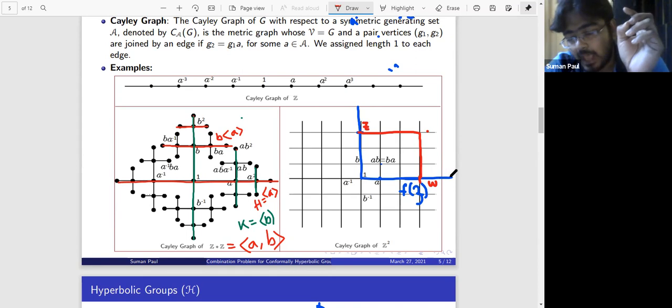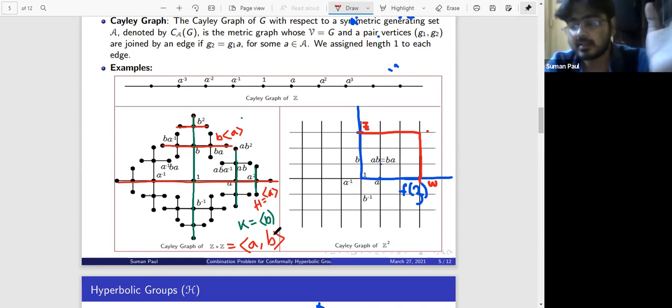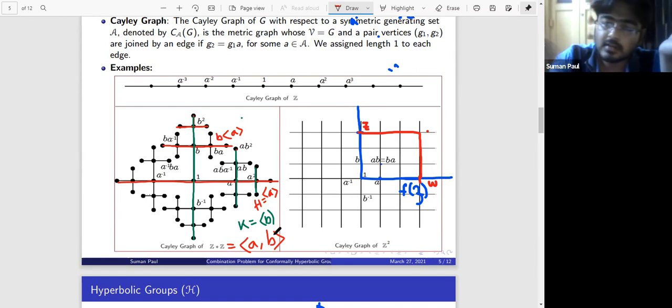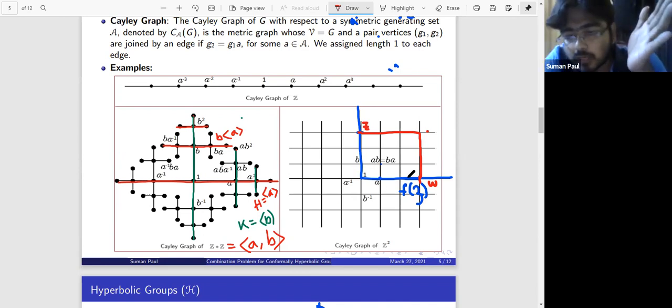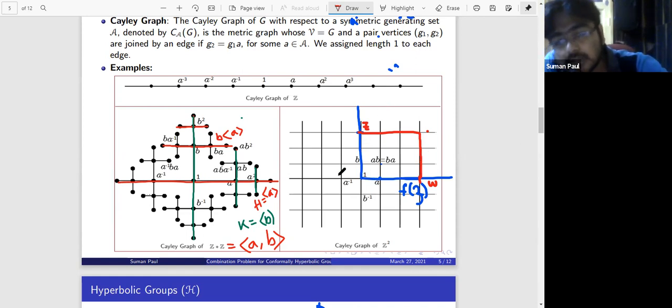As we go along this line and this line and take 2 points, their distance will go to 0, because the Floyd scaling function goes to 0 as r tends to infinity. So that's why these 2 boundary points will be identified in the Floyd boundary.